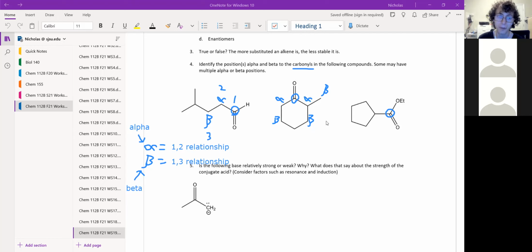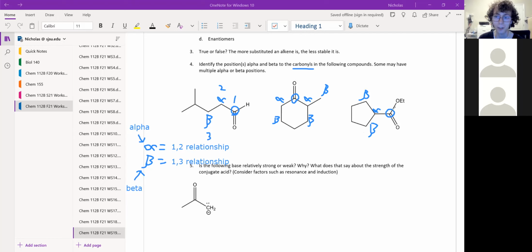You can have multiple, just if it's right next to the carbonyl, it's alpha, 2 carbons away, beta. Gets kind of repetitive after a while. If this doesn't make sense to anybody though, feel free to ask. I'll clarify anything you need me to, because you're going to be doing this a lot. So if it doesn't make sense, please ask. But it's always the same idea.